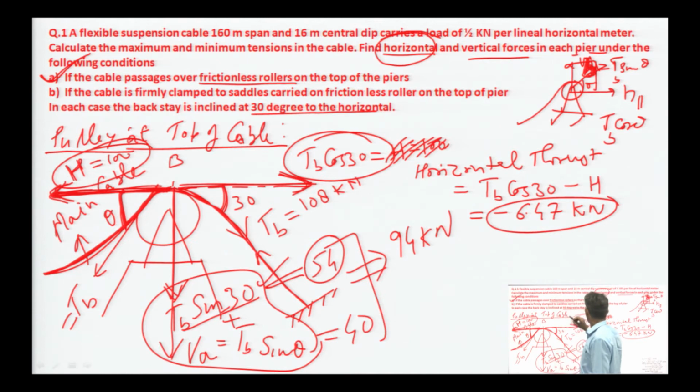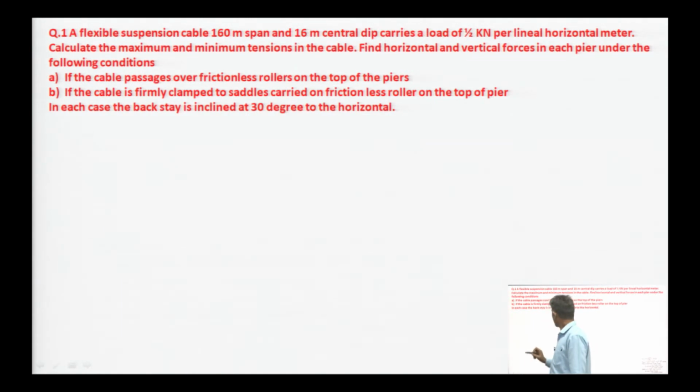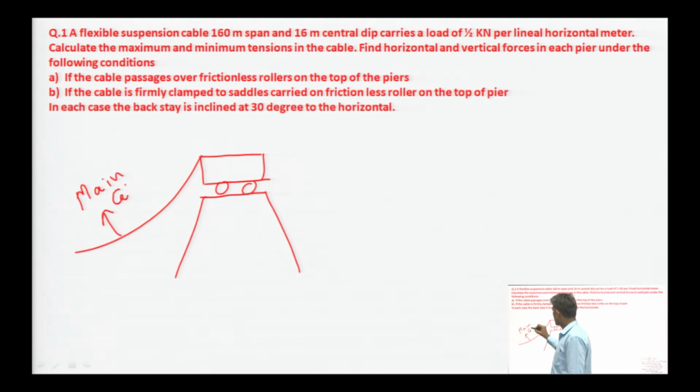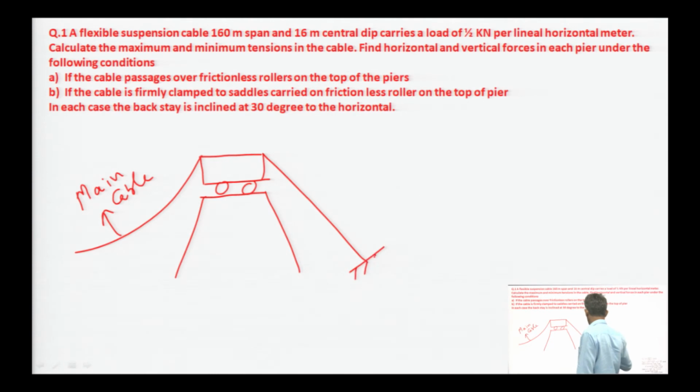Let us calculate for the next case, if the cable is firmly clamped to the saddle. So, in this case, let me erase. In case of saddle, we have to provide this type of arrangement at the tower. This is the main cable, this is the position of back stay.